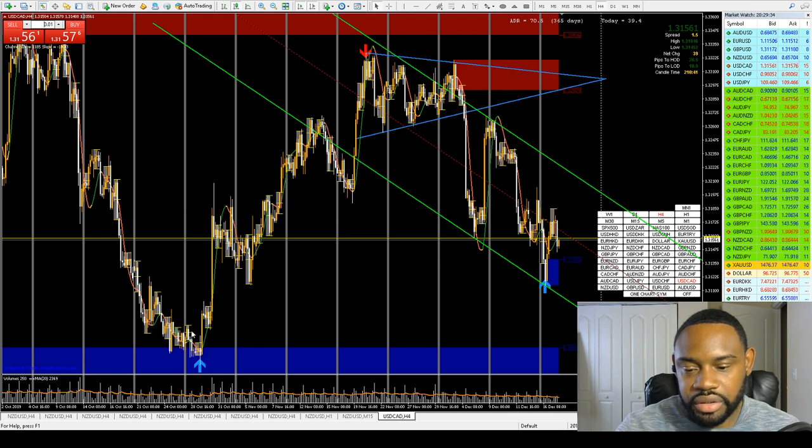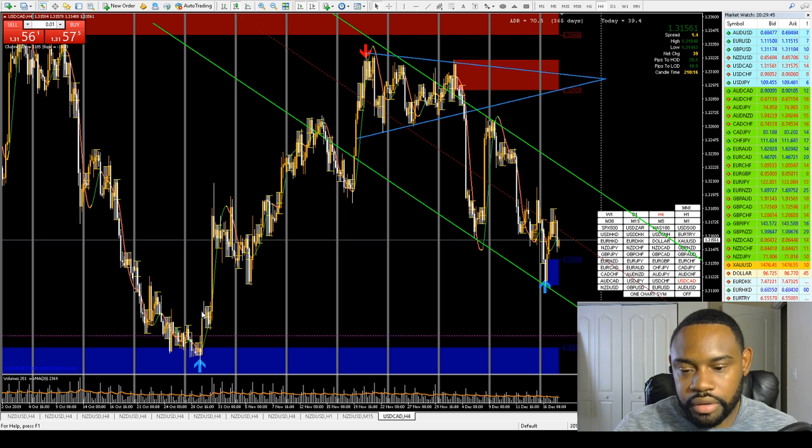Your signal is the breaking of this alert candle. Once price breaks the top of this wick on your 4-hour, this is considered your signal. Here's our alert. Here's our signal. And then the confirmation will be the breaking of this candle.